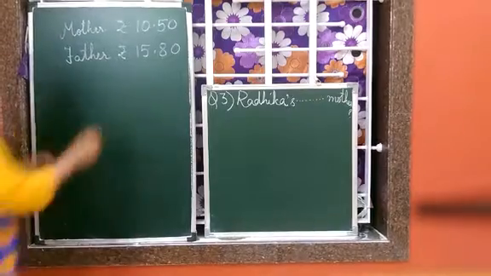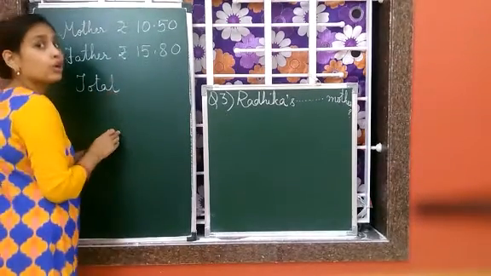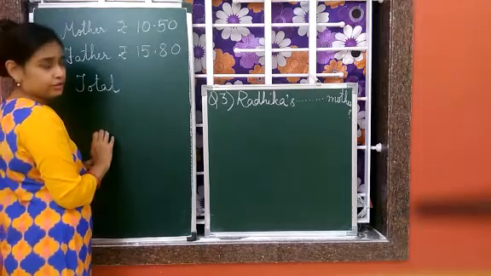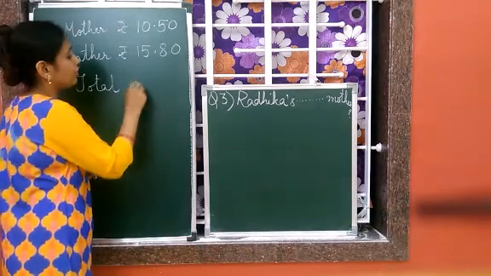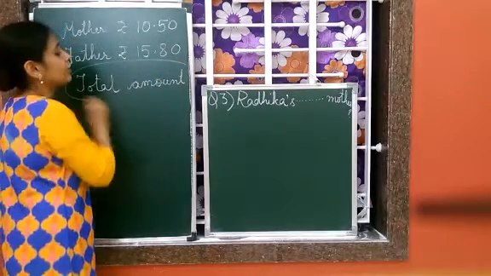So now, what is the keyword? Keyword means the clue. What we have to do in the question? Okay. Keyword is total amount. So children, in the book, you can circle it also if you want.